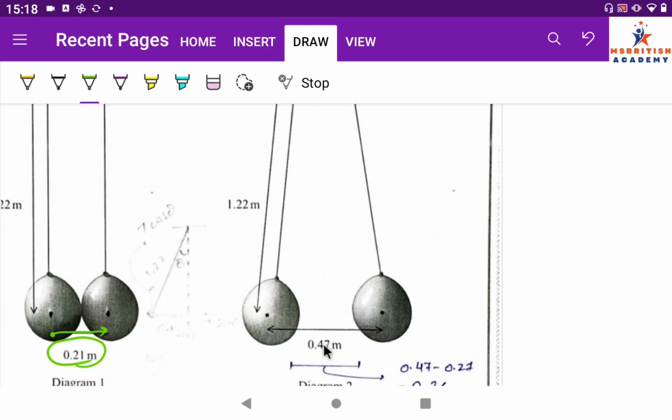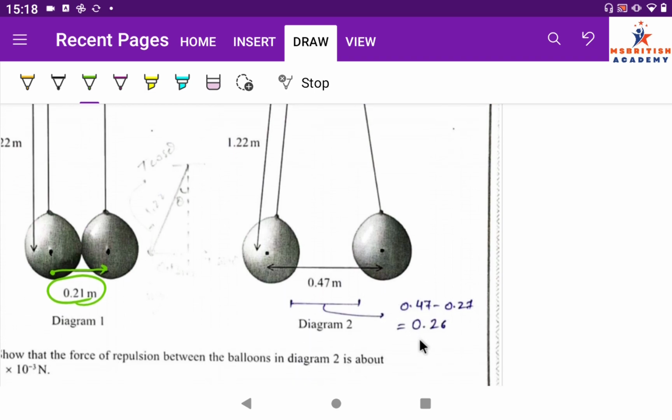So the actual difference caused by the forces is 0.47 minus 0.21, so it is 0.26.